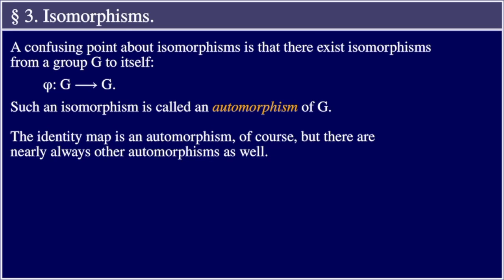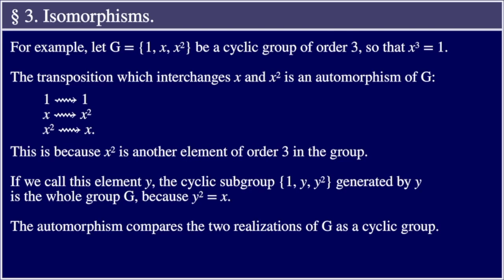A confusing point about isomorphisms is that there exist isomorphisms from a group G to itself, phi mapping G to G. Such an isomorphism is called an automorphism of G. The identity map is an automorphism, of course, but there are nearly always other automorphisms as well. For example, let G equal the set {1, x, x squared} be a cyclic group of order 3, so that x cubed equals 1.